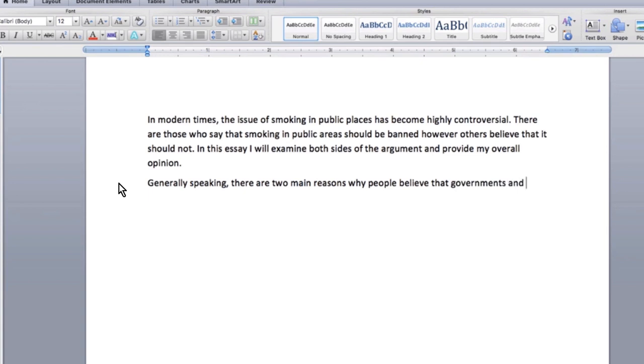Governments and municipalities should forbid, which is another word for ban, smoking in public places. You can just have we should or smoking should be forbidden, but try and throw a few extra words in if possible.